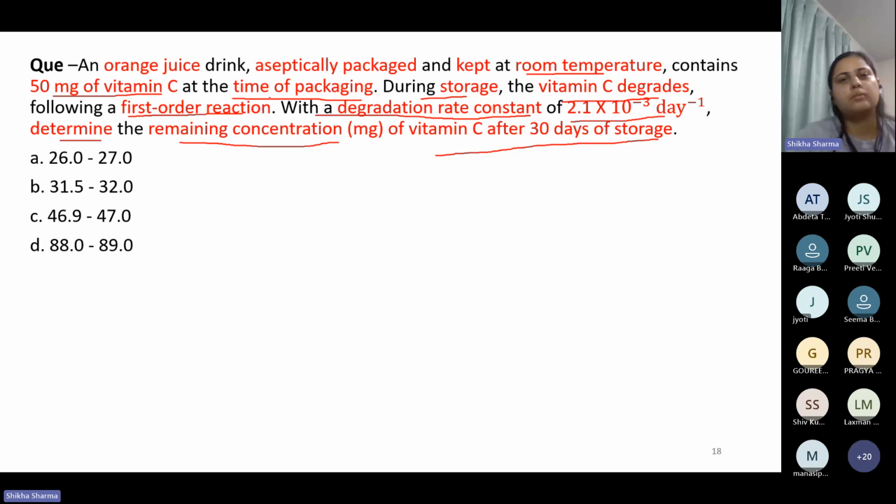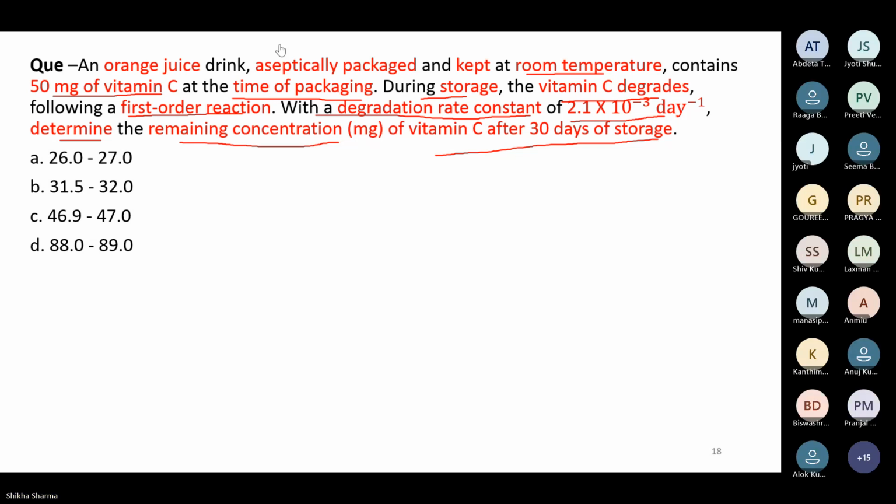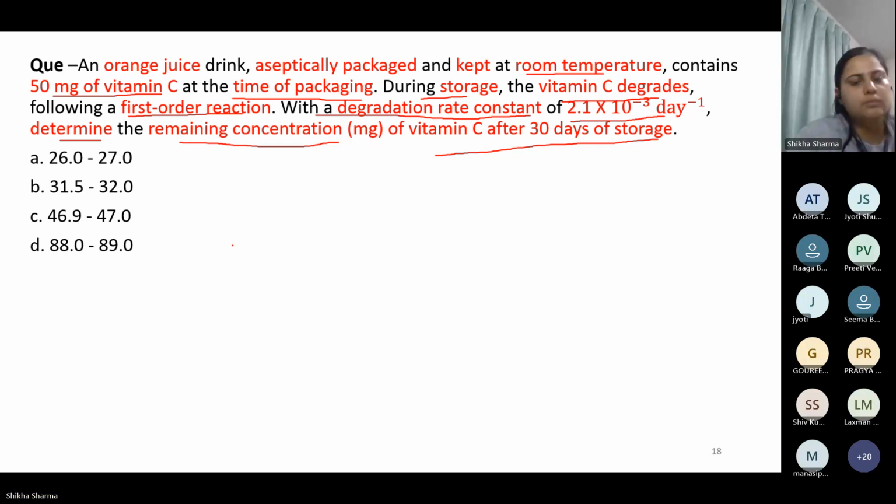Please try to solve this. So it is saying in the question that we need to apply the first order kinetics equation.